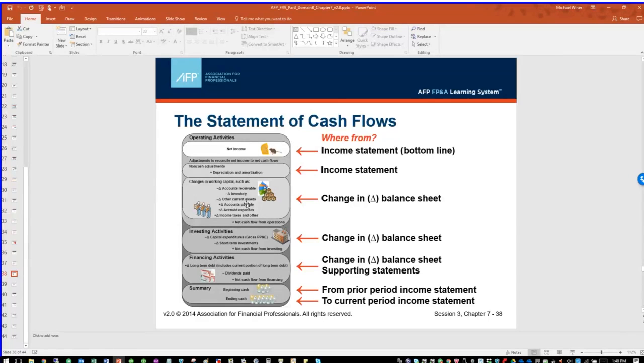Let's look at the other side. Accounts payable, that's a current liability, short-term liability. That's the money that I owe to people. If that number goes down, it means that I've paid debts that I owe, typically accounts payable, short trade debts. I bought something on credit and I've paid it off.